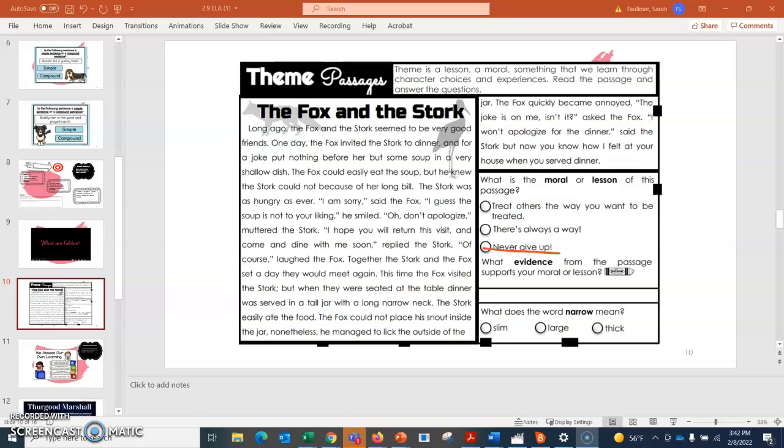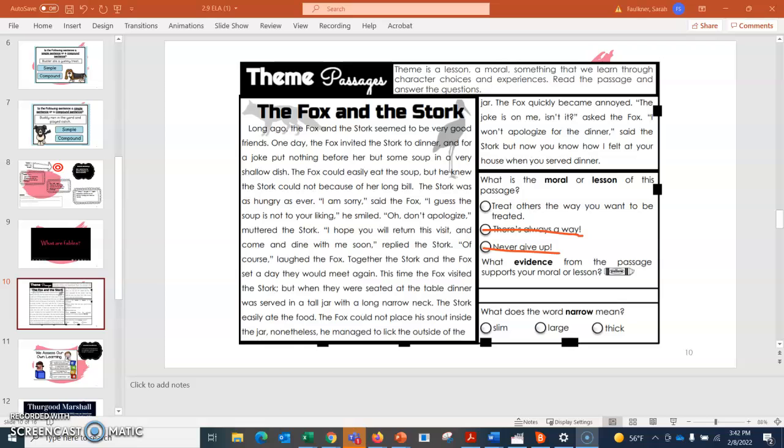I'm going to mark that out. And there's always a way. It goes along with that same thought. There's not always a way when the fox was trying to eat out of the jar and the stork was trying to eat out of the shallow dish. There wasn't a way for them to do it because it was impossible with their mouths. They didn't have the right tools to do that.